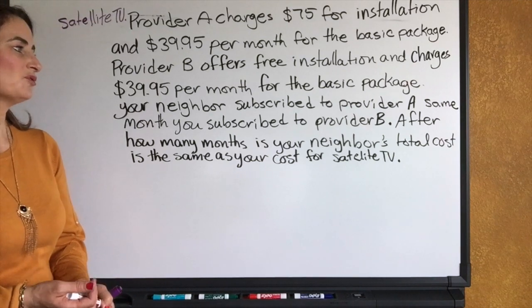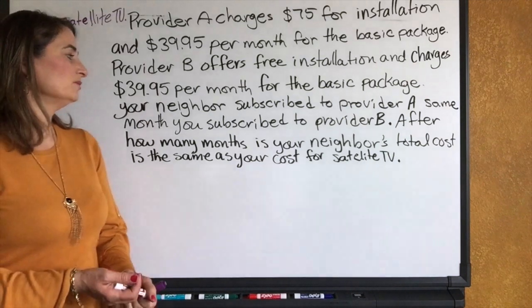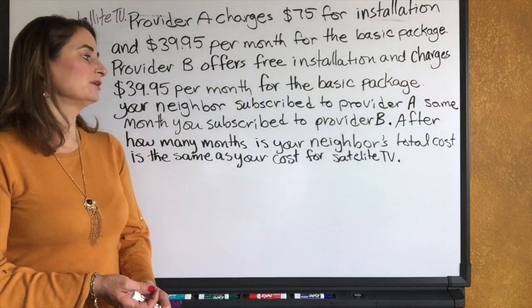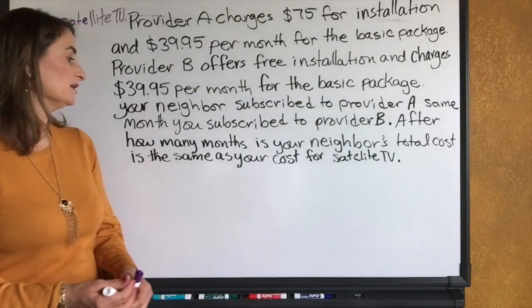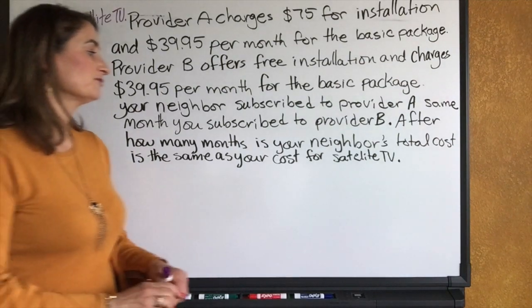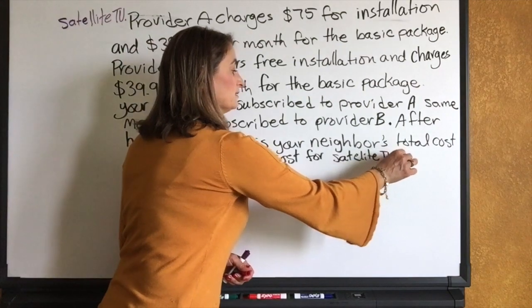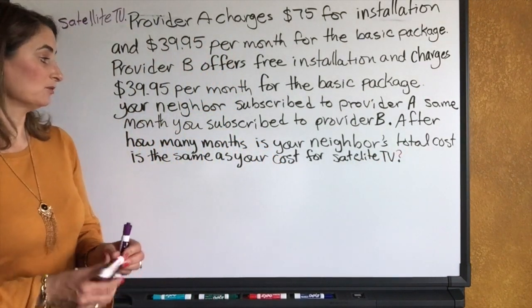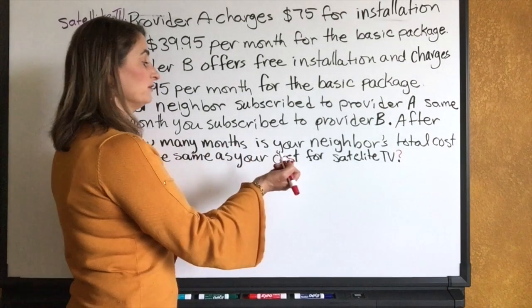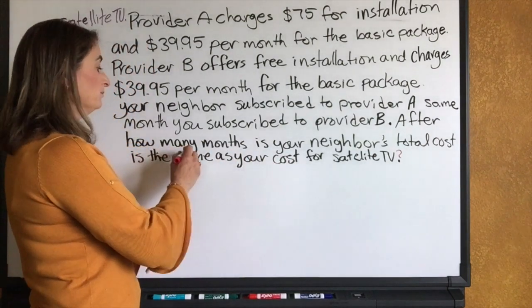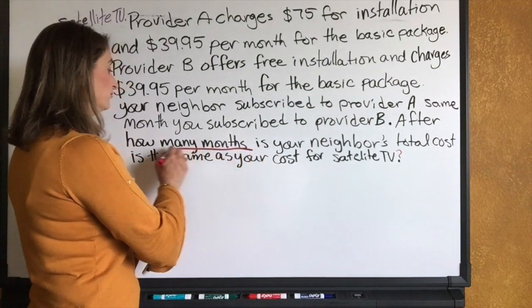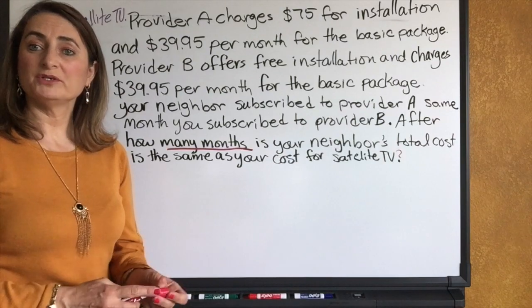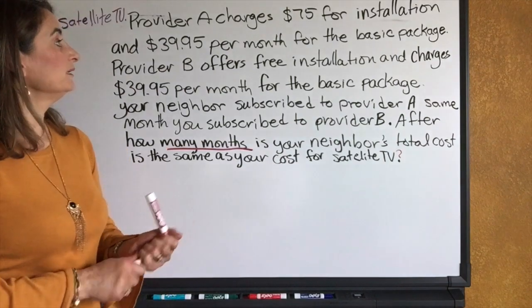Your neighbor subscribed to provider A, the same month you subscribe to provider B. After how many months is your neighbor's total cost the same as your cost for satellite TV? That is the question, so look for the question mark and underline the question because this is what I'm looking for. How many months? So what am I looking for? Number of months. Now circle the numbers and see what we have.